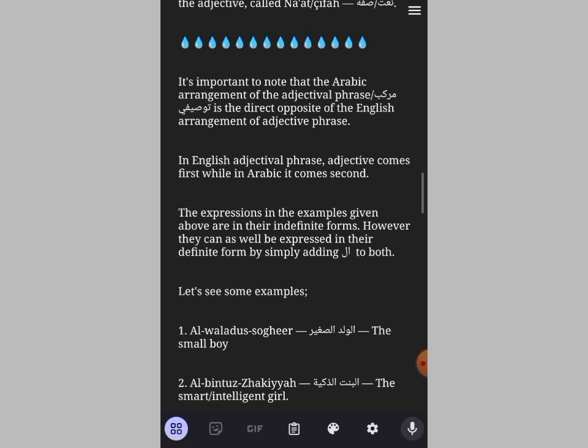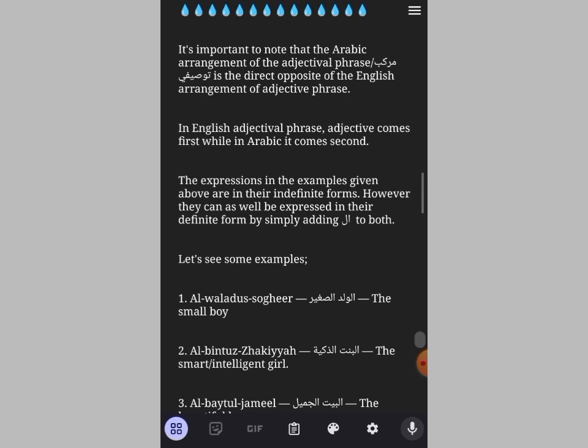If you want to make the expressions become ma'rifah, what you need to do is just add alif and lam to make it ma'rifah. Let's look at that in the ma'rifah form.